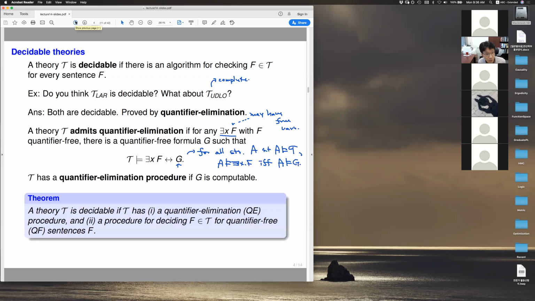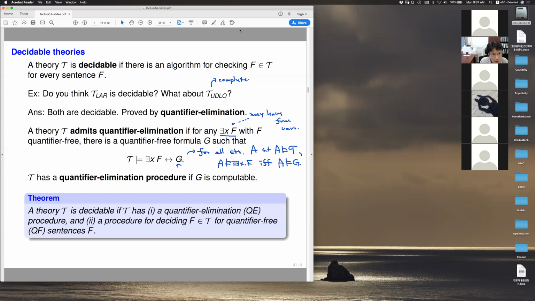Then here is a theorem which says if we have a quantifier elimination, then we can almost have this theory be decidable. So it says that theory T is decidable if we satisfy two conditions. The first, it has a quantifier elimination procedure, like the one that I described here. Second, it has a procedure for deciding whether the sentence F belongs to T or not, for the formula F which is quantifier free and also a sentence, which means that it's closed.